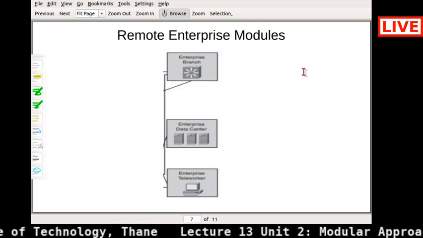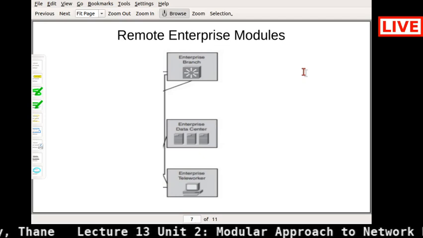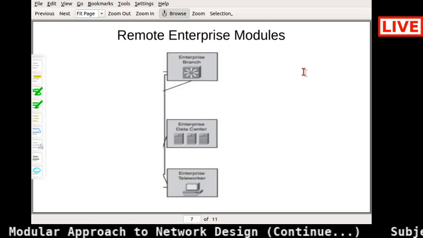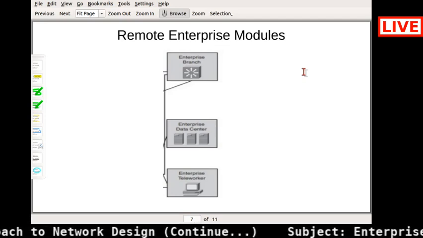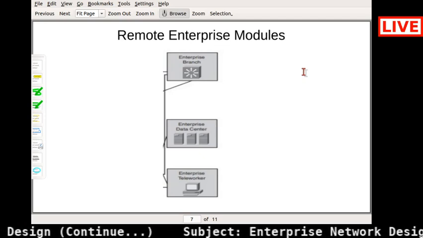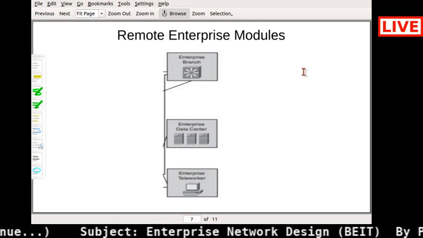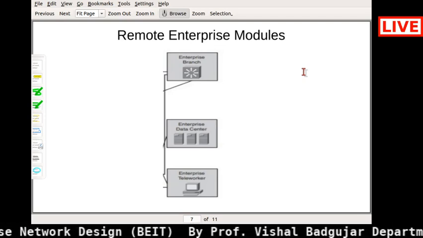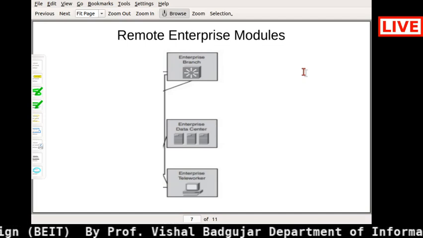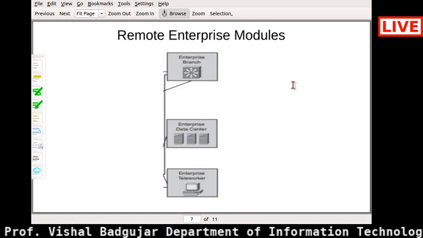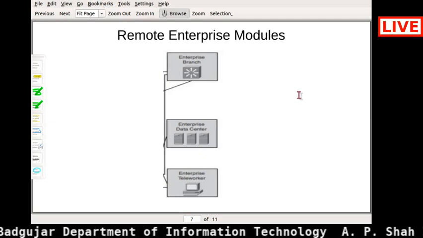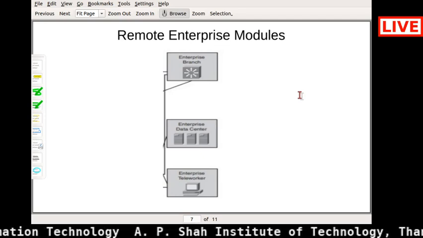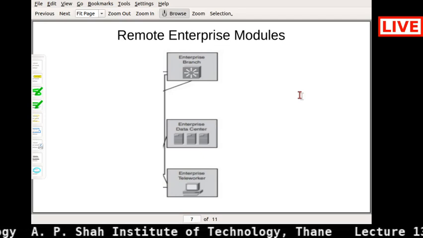to access any kind of information, right? For that, you need high speed internet access, sometimes VPN connectivity, and intranets in your own campus, in your own organization. There must also be telecommunication capacity, and video conferencing facility, right? All these things must be there in your enterprise branch.